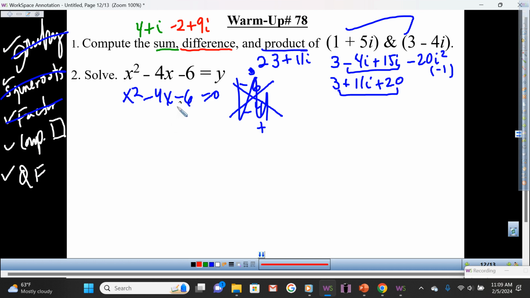So therefore, what do we do? Add 6, add 6. We end up with x squared minus 4x, empty space, equals 6. What do I add here? Tell your neighbor, and then Brandon's going to enlighten us. What do I add there?